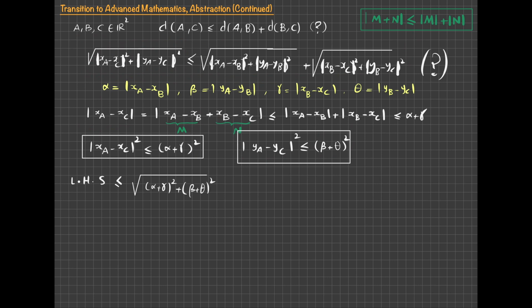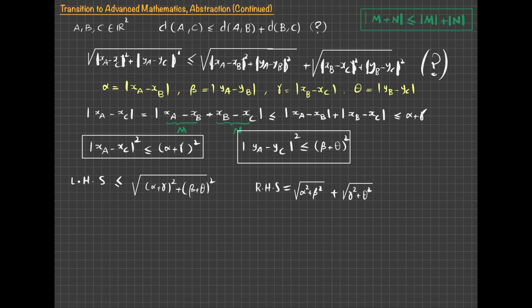Yes, this I know. And the right-hand side of the inequality, using this alpha, beta, gamma, and theta that I introduced, is equal to square root of alpha squared plus beta squared, and then plus square root of gamma squared plus theta squared.